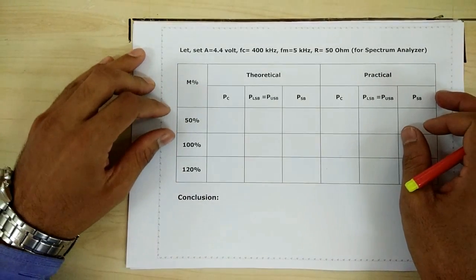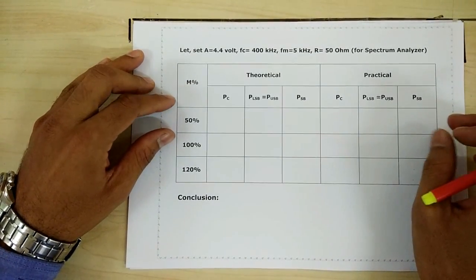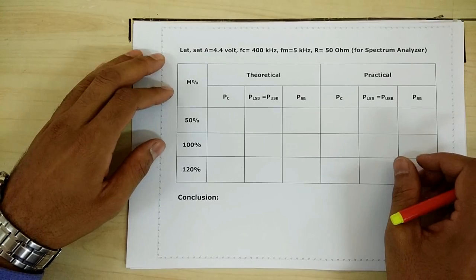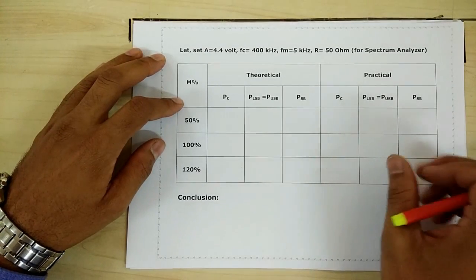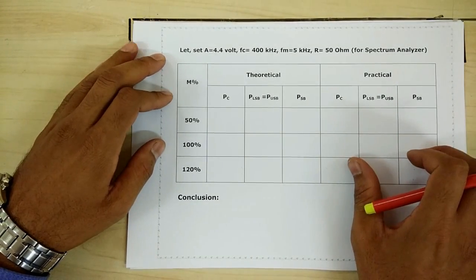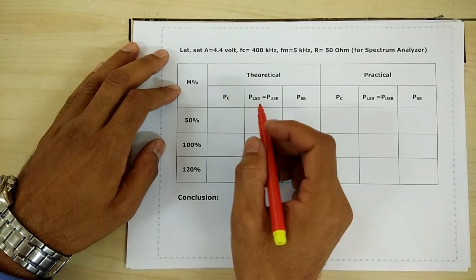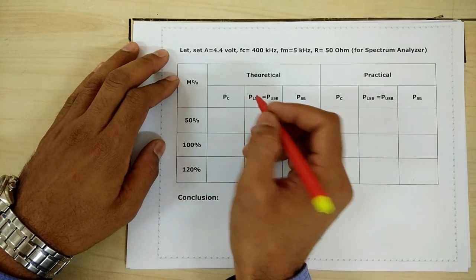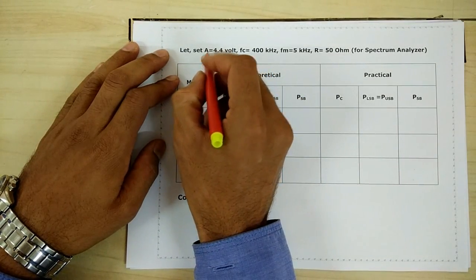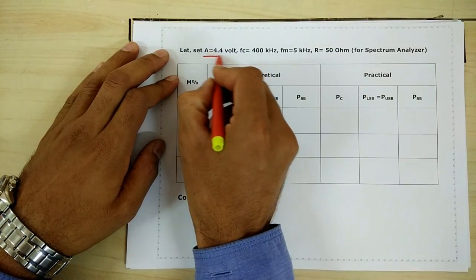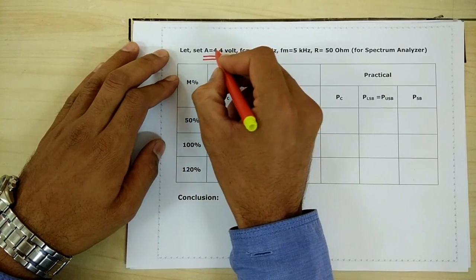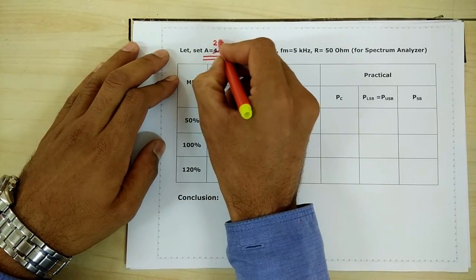Now let us set some cases so that we can verify our theoretical values with the practical values. These are the parameters that we have to insert in the function generator to generate the AM signal. We have to put the value of A, let us say this is 2.2 volt.